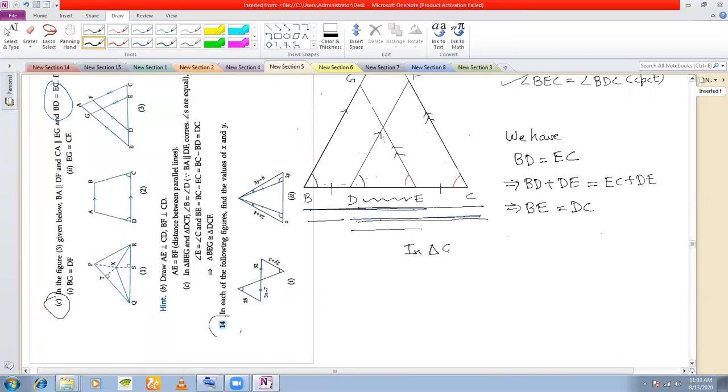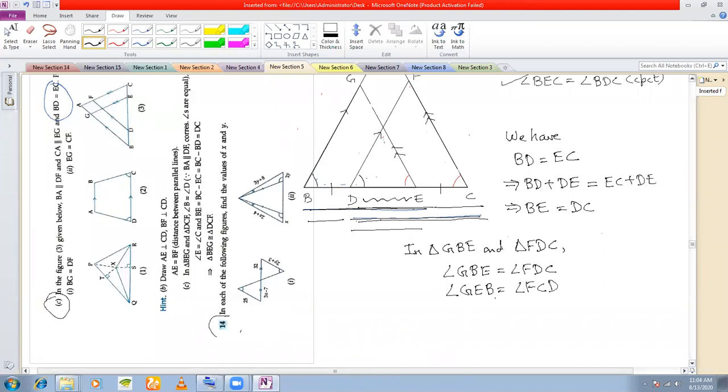So in triangle GBE and triangle FDC, angle GBE is equal to angle FDC. Also angle GEB is equal to angle FCD.